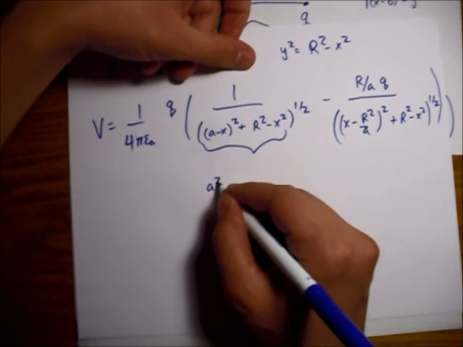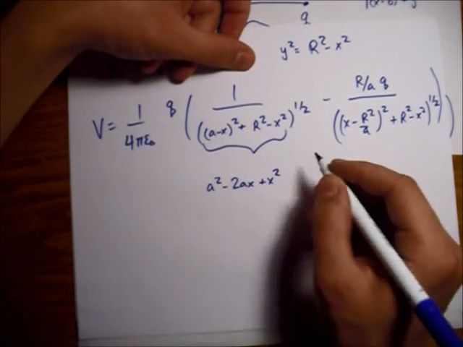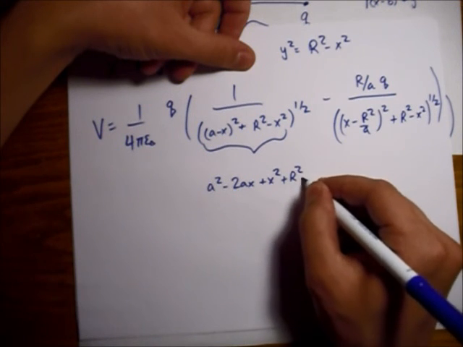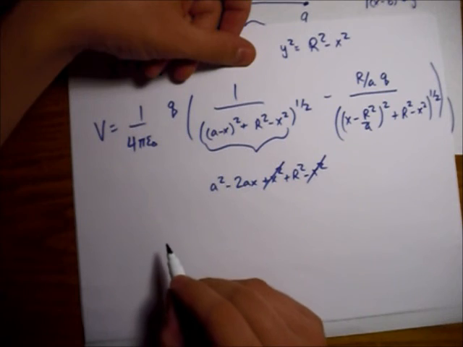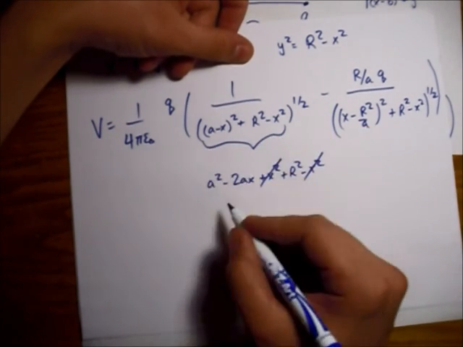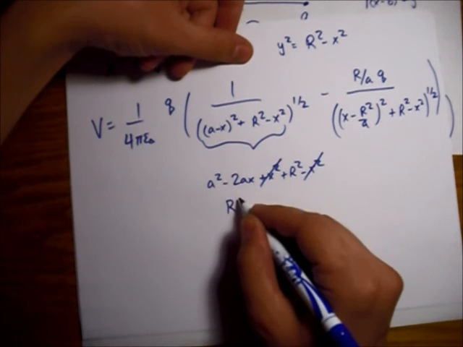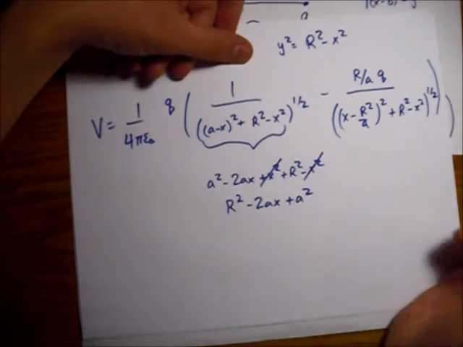So a squared minus 2ax plus x squared plus r squared minus x squared. So we see that these two x squareds are going to go away. So the guts of this denominator here are r squared minus 2ax plus a squared.